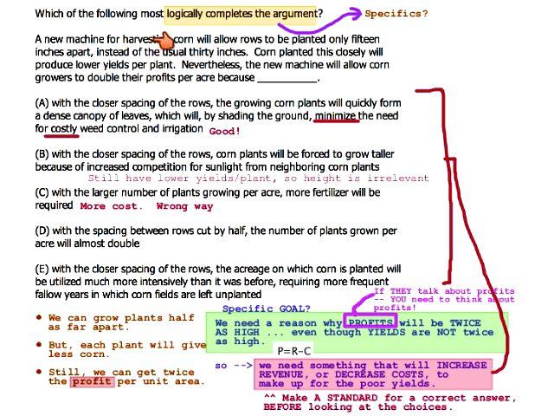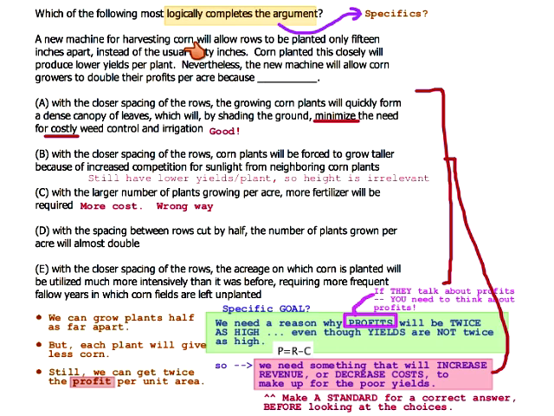I mean, if anything, when I first read the passage, the default assumption is that your rows have approximately the same number of plants, right?